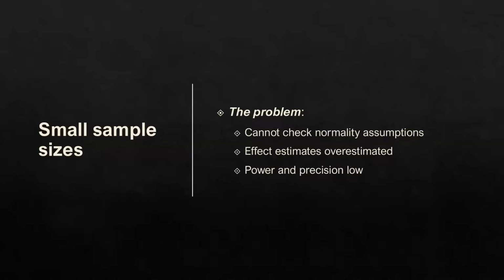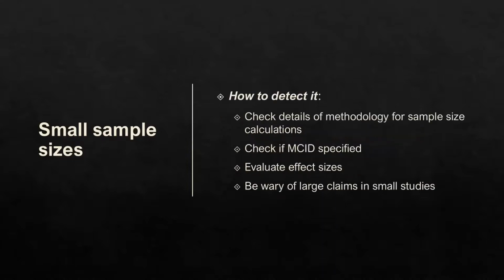The effect size estimates from small samples are also likely to be an overestimate. And the power of statistical tests is likely to be low, and the precision is also likely to be low in small sample sizes. So to detect it, we can check the details in the methodology section of the paper for the sample size statements and calculations and formulae that were used.